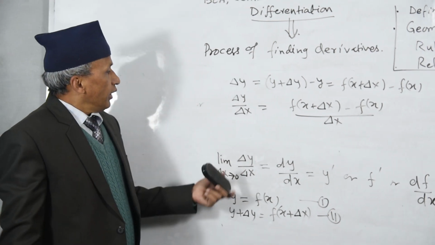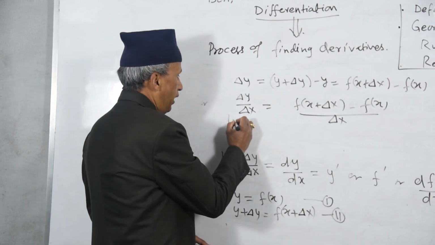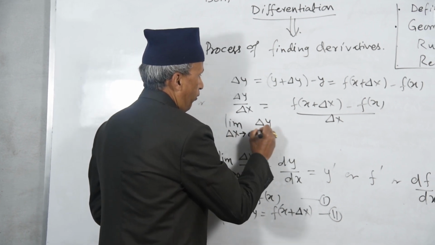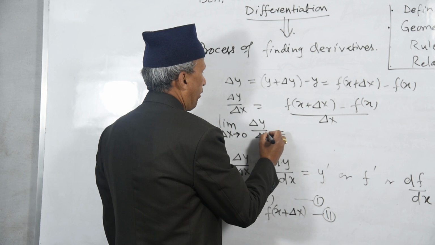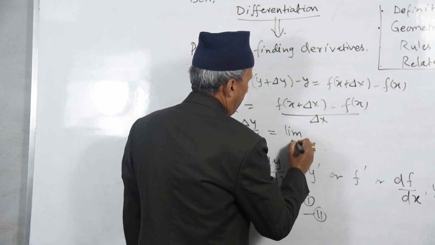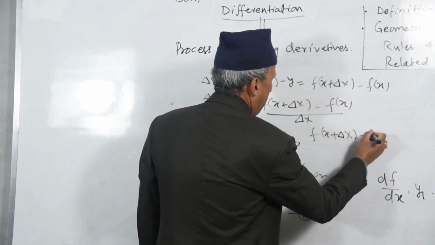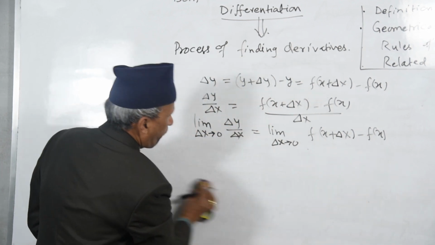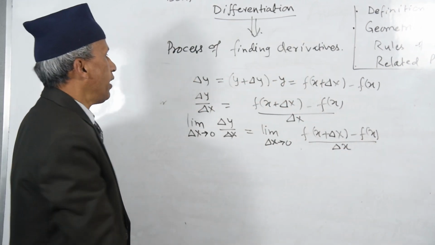Now take the limiting value: limit delta x tends to 0, delta y by delta x is equal to limit delta x tends to 0, f of x plus delta x minus f of x divided by delta x.